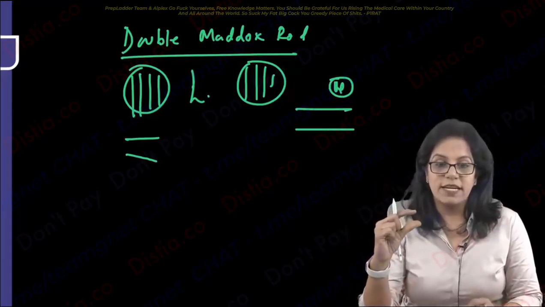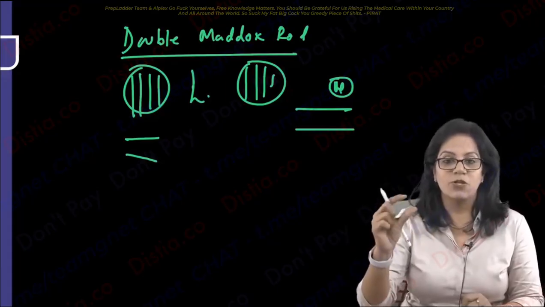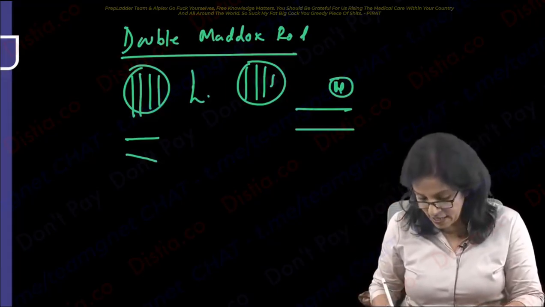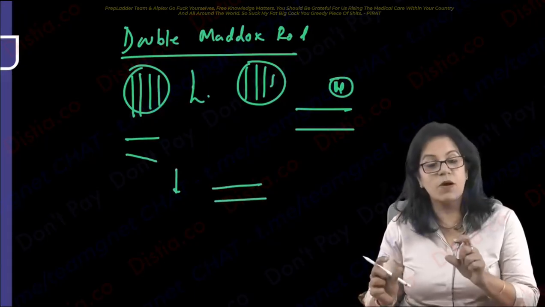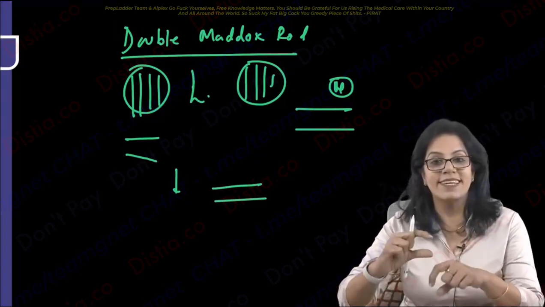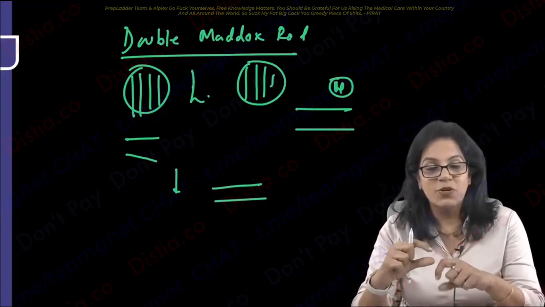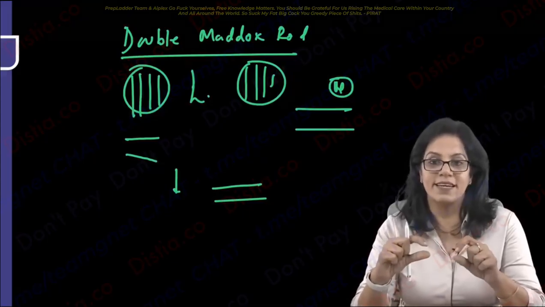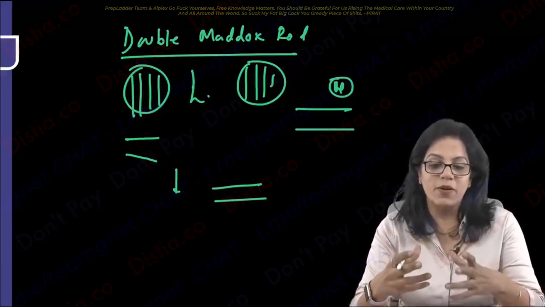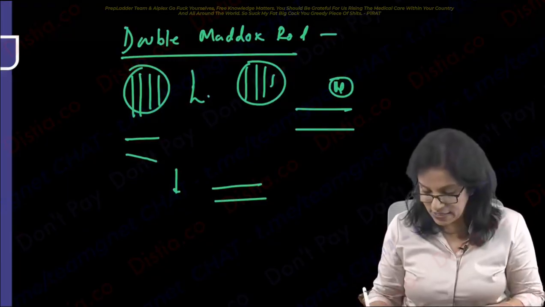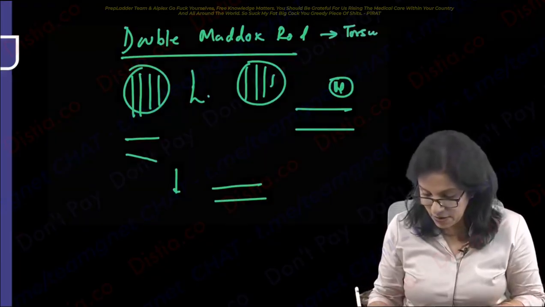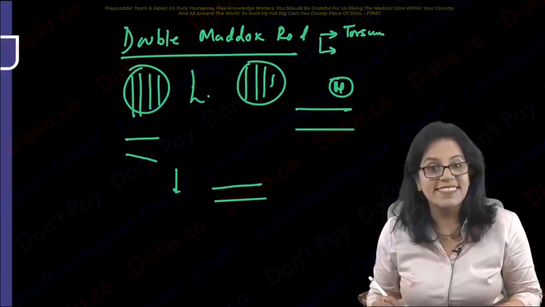This movement of the corrective lens is done in incyclotorsion or excyclotorsion till both the lines become parallel. So what is the amount of correction needed in the lens to make the two lines parallel? That is what double Maddox rod is. It helps us to catch the torsion and the amount of torsion.